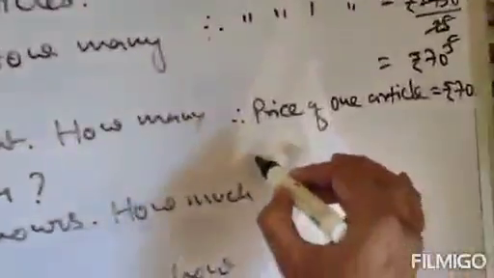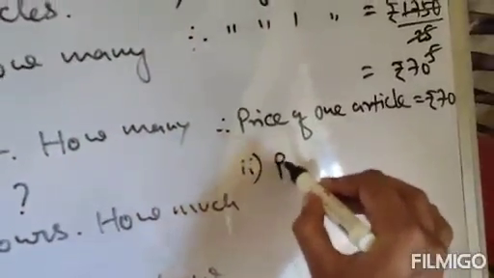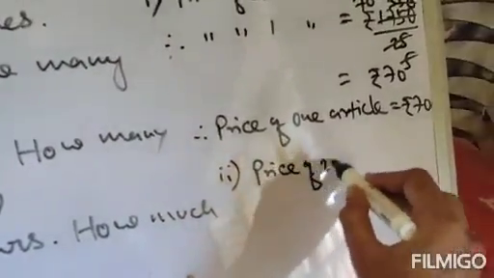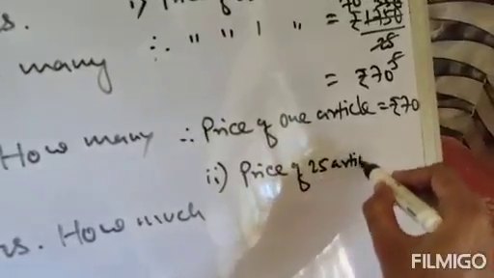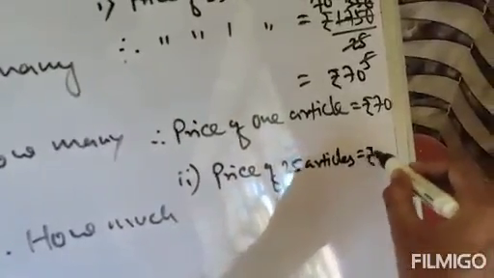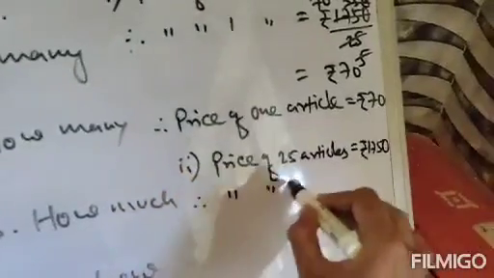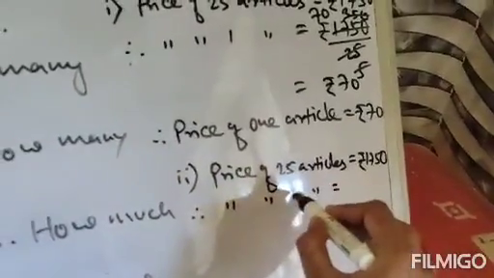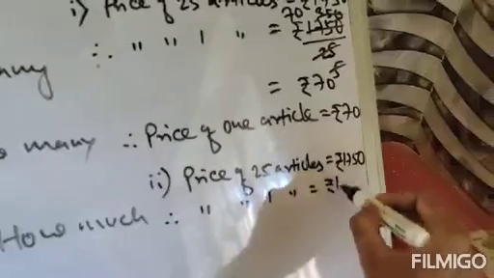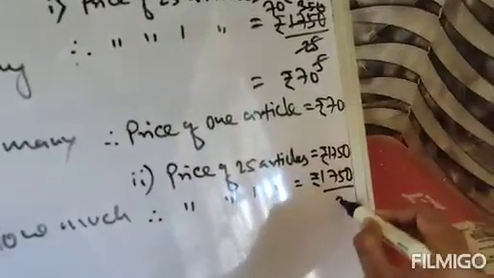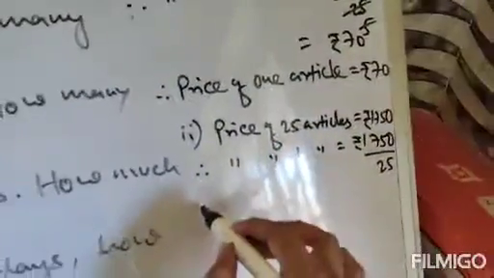So again write, this is part 2. Price of 25 articles equal to rupees 1750. Therefore again same, price of one article, so number of articles decreases from 25 to 1. If it decreases, it will divide, so 1750 by 25.